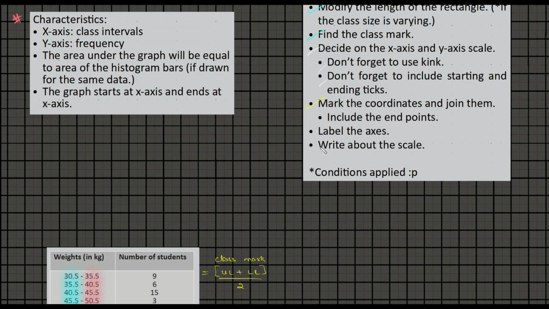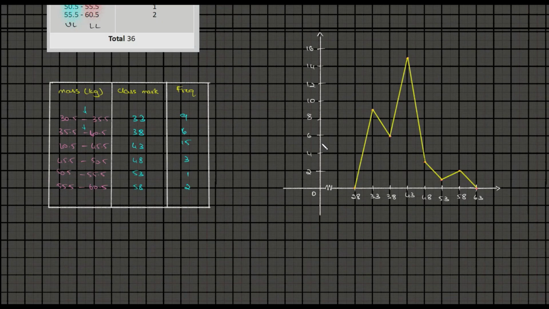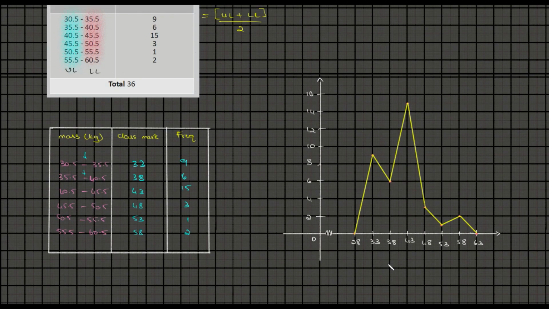Label the axis. Okay, let's do that and write the scale. So here it is mass in kg, and this is the number of students.